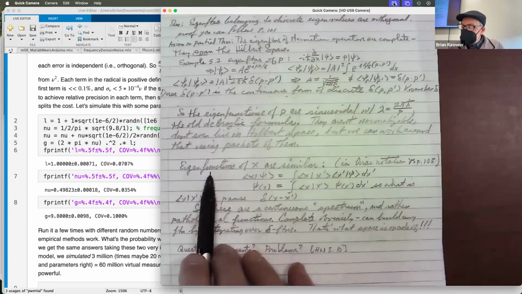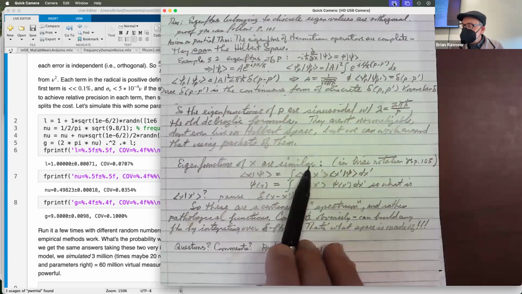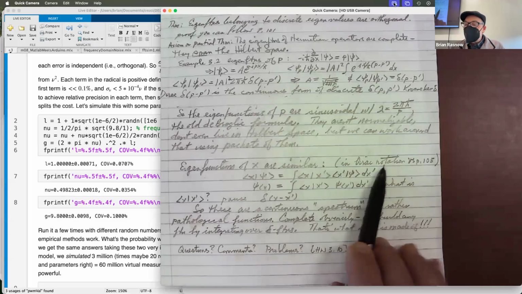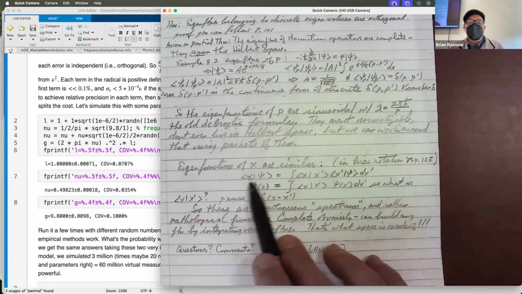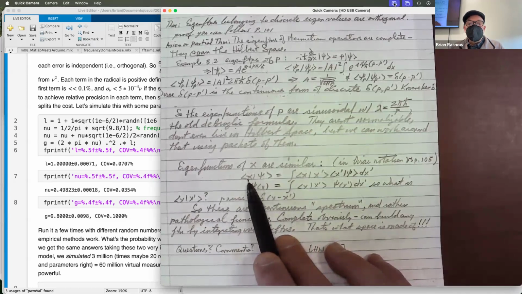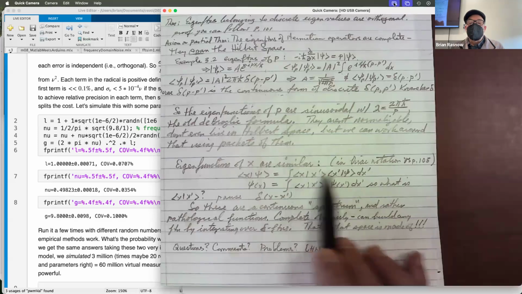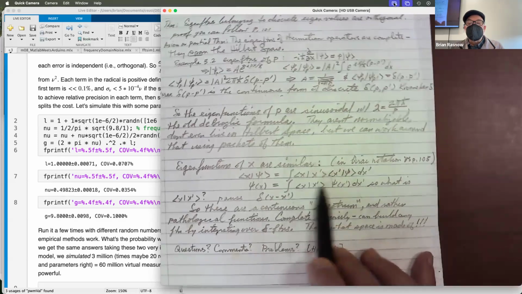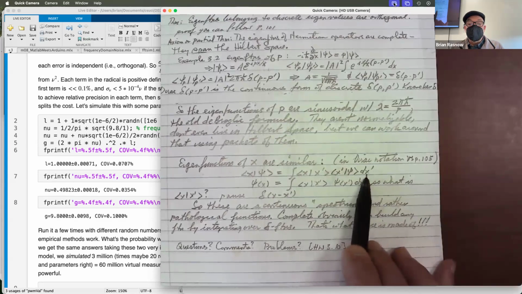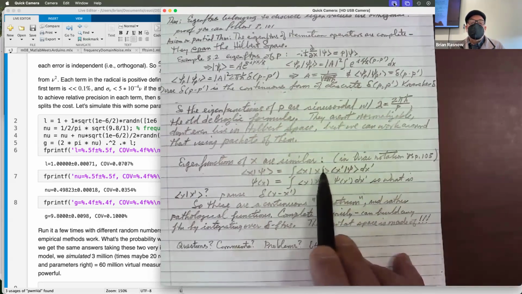And so let's see, eigenfunctions of X are similar in Dirac notation. So if we project psi onto an eigenfunction x, that's going to equal the integral of <x|x'> psi(x') dx'. So I'm using |x'><x'| as the identity operator with the dx' over here for a continuous variable x. And what is <x|x'>, the inner product of x and x'?